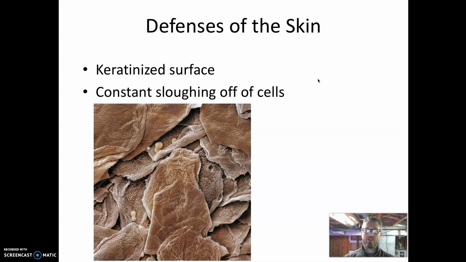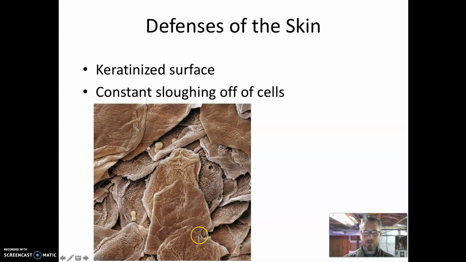Next, the epidermis has this characteristic where skin cells are constantly sloughing off. So we've probably all heard really gross statistics about how much of dust is actually dead skin cells and things like that. You can see in this electron micrograph that each skin cell is a little sort of tile or shingle on this surface.